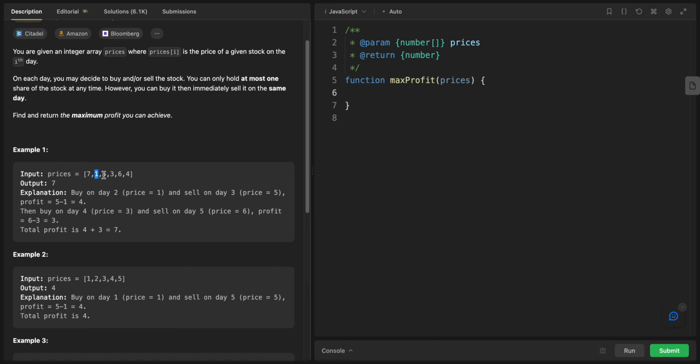And we buy on day 3, sorry, day 4, with price 3, and after that we sell it the next day at 6, and the profit will be 3. The total profit will be 4 from the first and 3 from the next, so it will be 7.